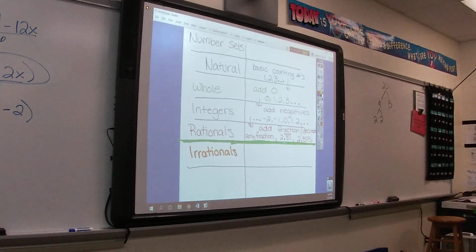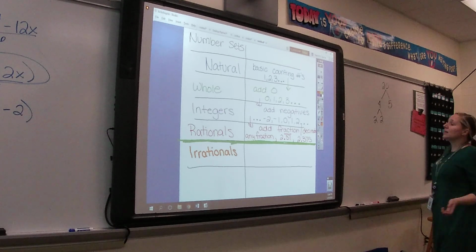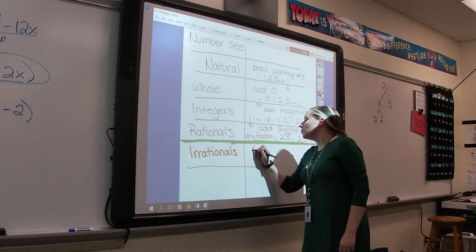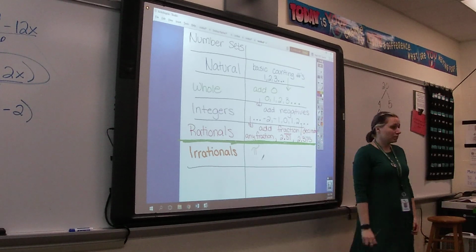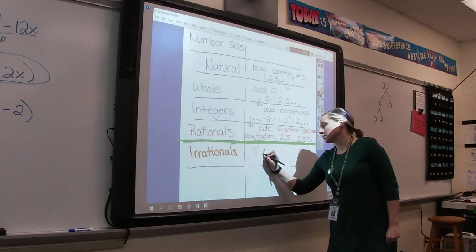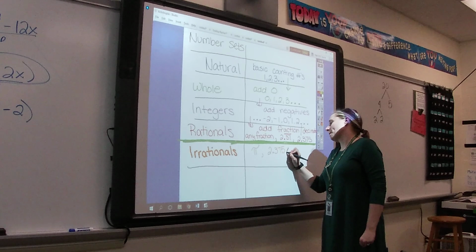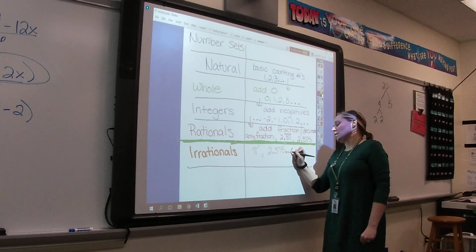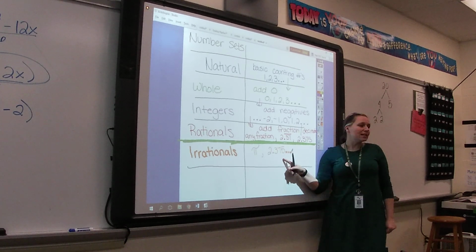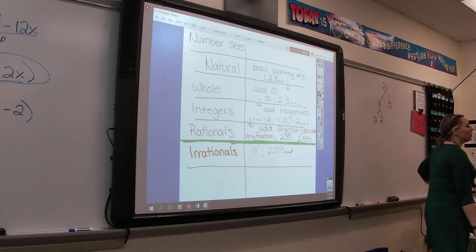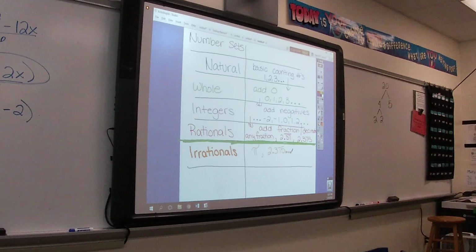this includes our odd numbers. So things like pi, numbers with this dot, dot, dot, which means that it goes on forever. Do you know how many digits pi has?